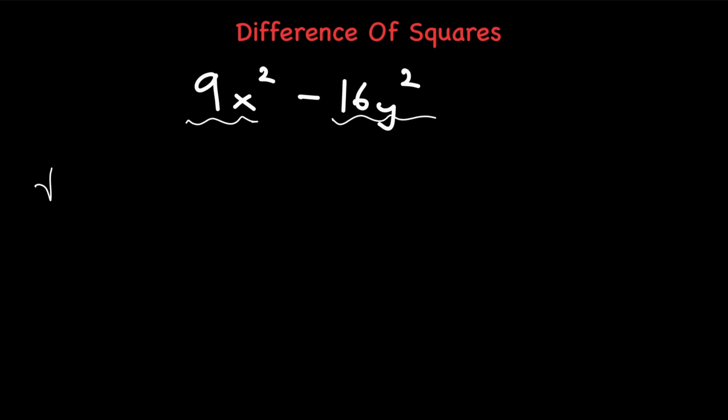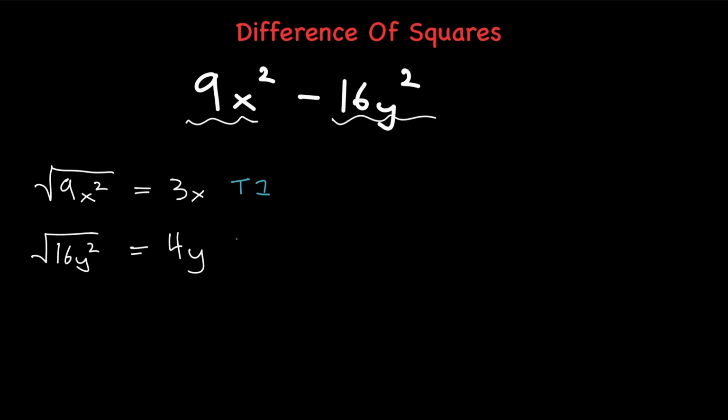And so the square root of 9x squared is 3x, and the square root of 16y squared is 4y. And so 3x is our term 1, and 4y is our term 2.